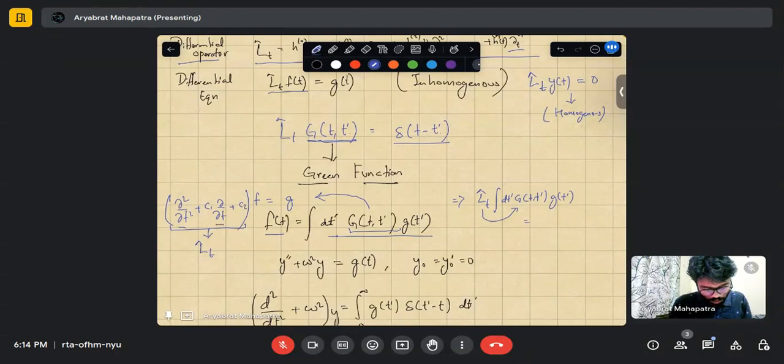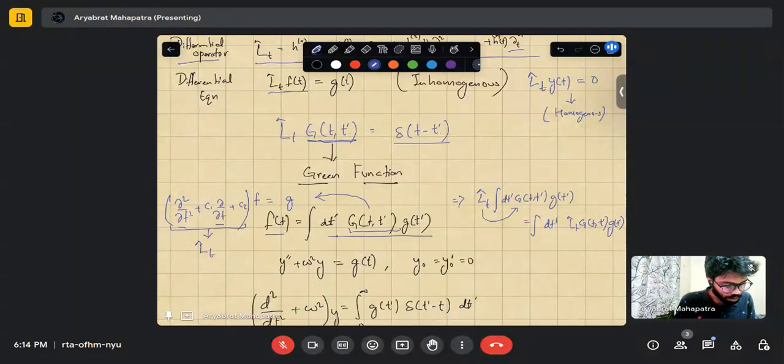So it's not derivatives with respect to t. So I can take that in. So that will be L of t acting on g of t, t prime, and it can only act on G, because G has t in it, and is a function of t.